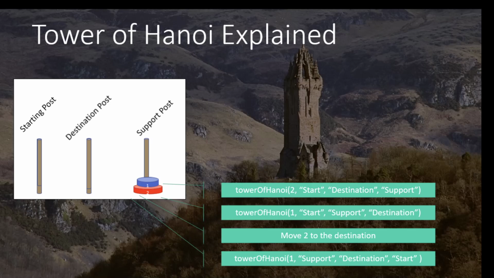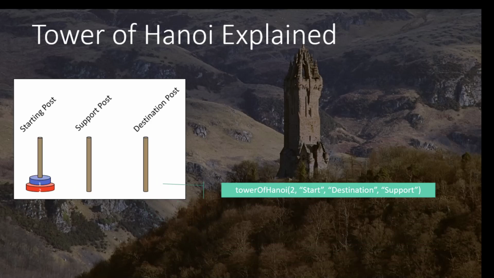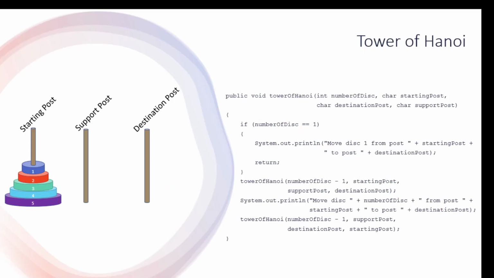If we come back here and look at the code, let's break that back. So if the disk number is 1, the base case here, the smallest disk, I want to move disk 1 from the post it's on to the original starting post, whatever that's going to be defined as the path comes along, and I'm going to return.